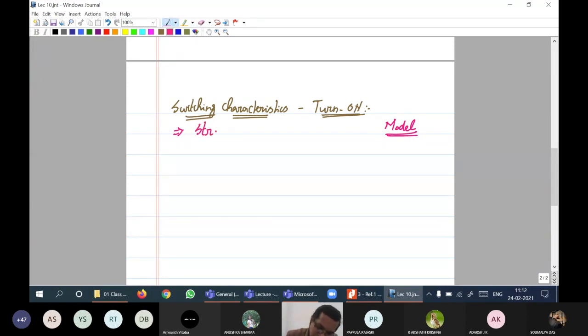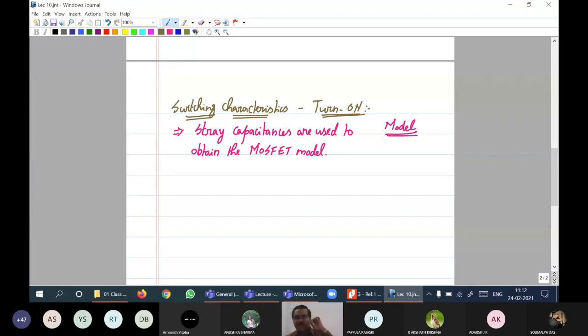Stray capacitances are used to model, to obtain the model of a MOSFET. That's all. Now, where are those capacitances and how do they affect the MOSFET behavior?